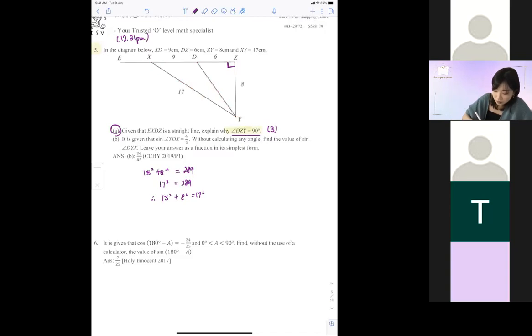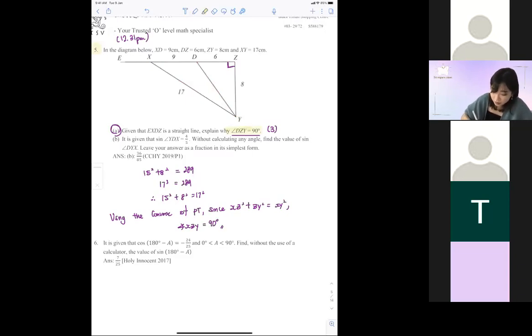Then you must say, using the converse of Pythagoras theorem, since XZ squared plus ZY squared is equal to XY squared, angle XZY is 90 degrees.